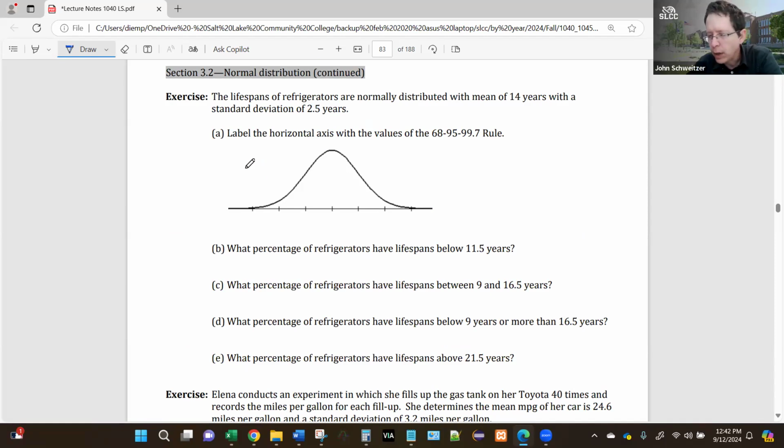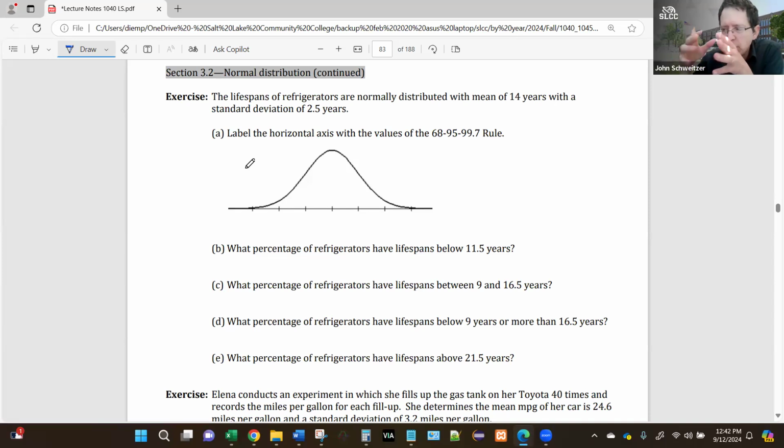And you're trying to figure out what kind of warranty to offer on your refrigerators. They have to decide how much to charge for the warranty, and then they have to decide how long the warranty should last for, right? Does it last for 3 years? Does it last for 10 years?